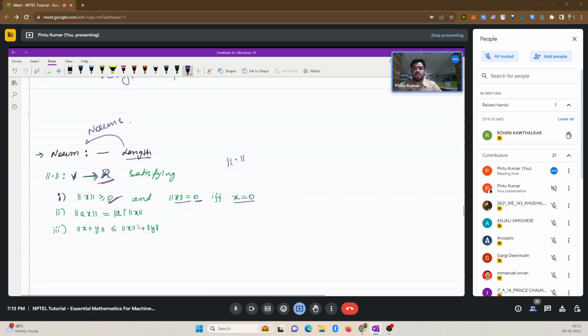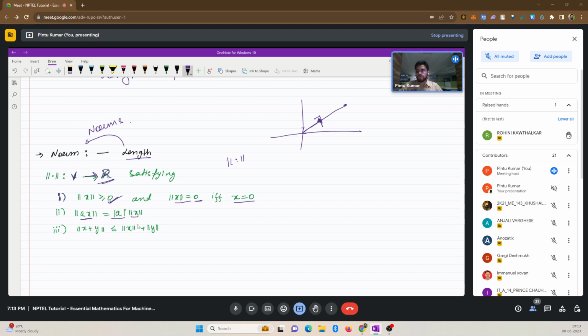Now the second property: let's say you have some vector x and you scale it by a factor of 2. You doubled its length, so its length must be double the length of the original vector. This is what this is saying: if you scale the vector by a factor a, then the length gets scaled by that same factor.